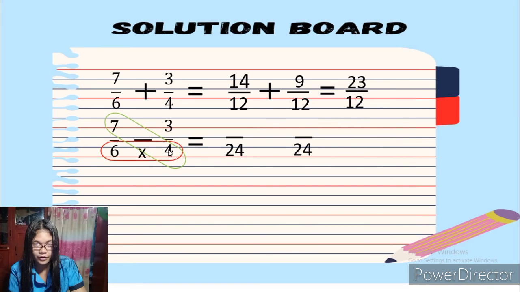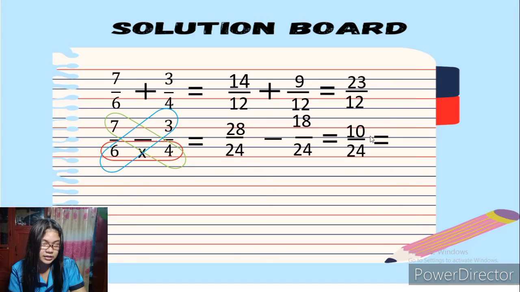7 times 4 is equals to 28 minus 6 times 3 is equals to 18. So, proceed tayo. 28 minus 18 is equals to 10 over, copy natin yung denominator na 24. So, ayan na.